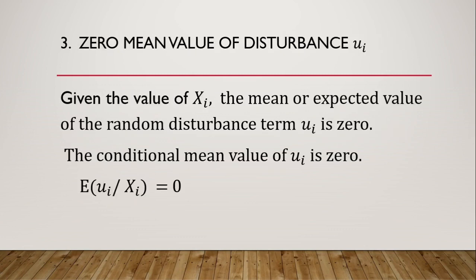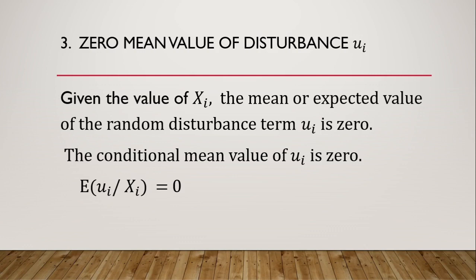This is the third assumption, zero mean value of the disturbance term ui. Here we assume that given the value of xi, the mean or expected value of the random disturbance term ui is 0. So, the conditional mean value of ui is 0.